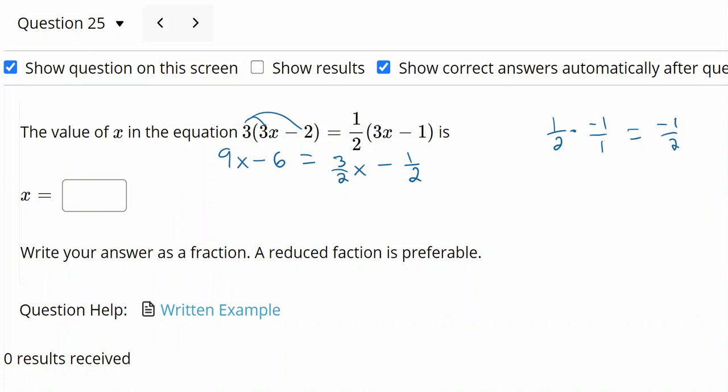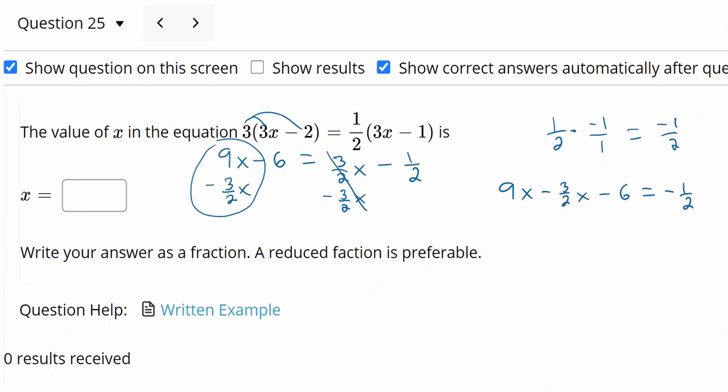So the way we're going to do this is we're going to subtract 3/2x from both sides. So we'll say minus 3/2x and then minus 3/2x. Okay, and I'm writing in a room, so maybe I'll write it over here now. So I'm going to write this out again so we can deal with this. What we have going on is 9x minus 3/2x minus 6 is equal to, and then we just have negative 1/2 left over here.